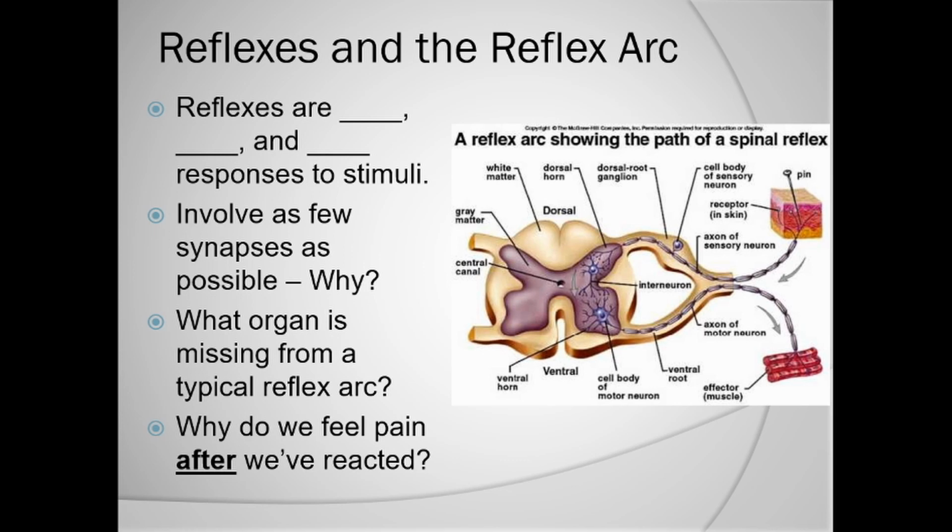They pull their hand away, and then you look at their face, and then they realize what happened. It's not like the hand being pulled away and the facial expression or the exclamation of ow happen together. The hand is pulled away first, and then in a split second, the person would say ow, or whatever they would exclaim. So the pain is felt after you have removed your hand from the burning stove.